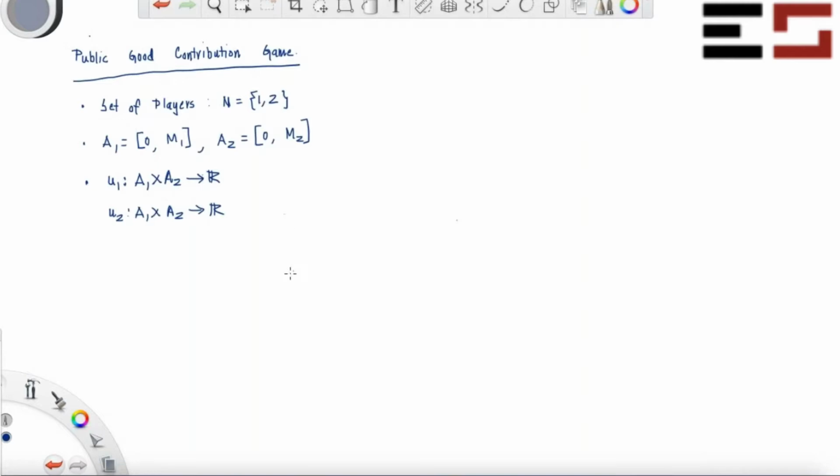So let's just consider the following. Suppose the utility of player 1 is a function of c1, c2, where c1 is the contribution of player 1 and c2 is the contribution of player 2.